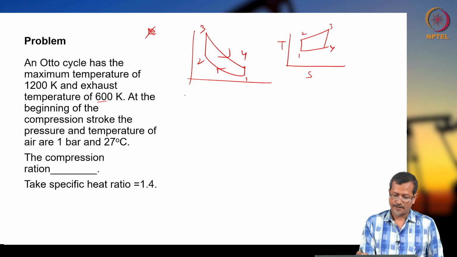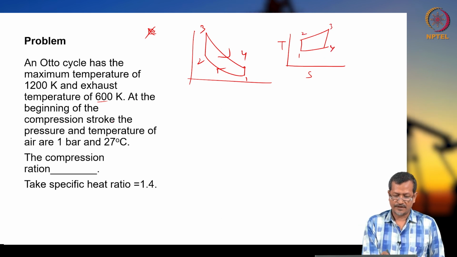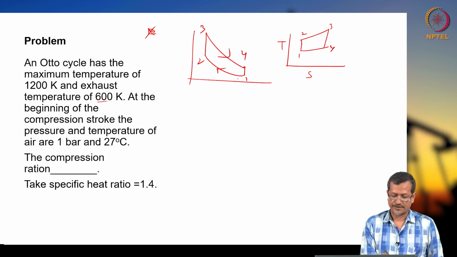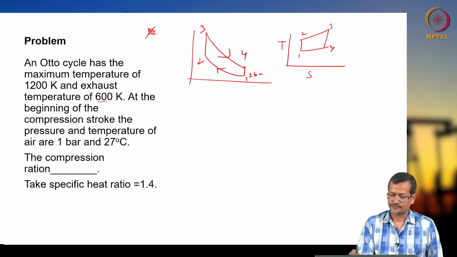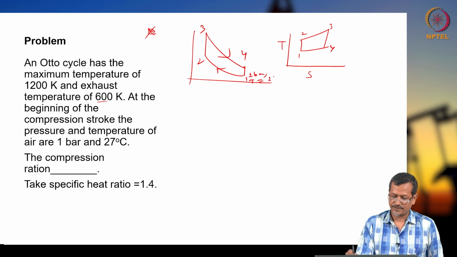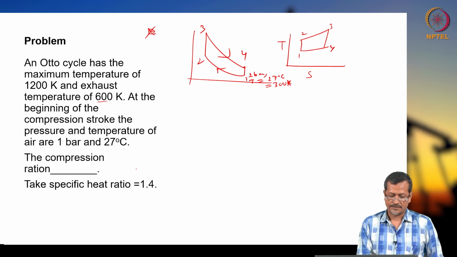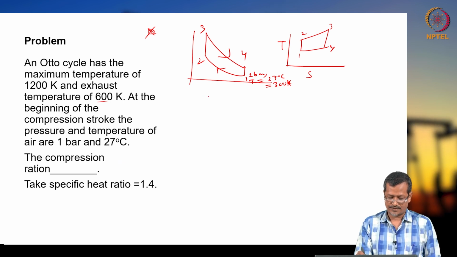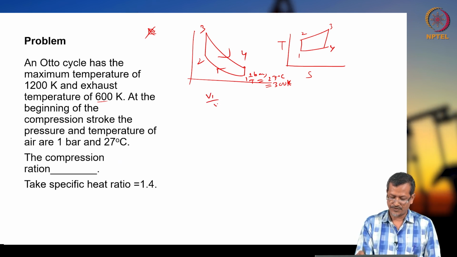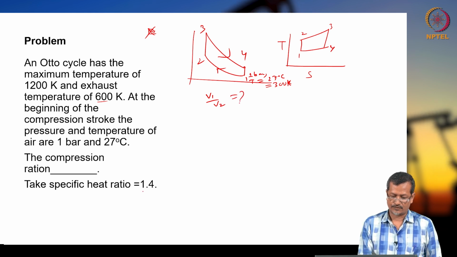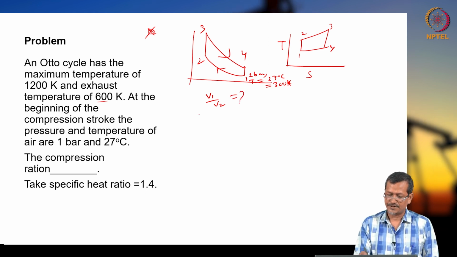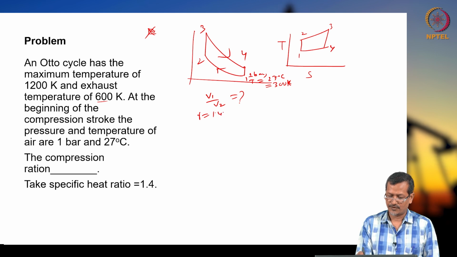Now, at the beginning of the compression stroke, the pressure is given as 1 bar and the temperature is given as 27 degrees centigrade, which means 300 K. So, all units must be checked. The compression ratio V1 by V2 you have to calculate, and the specific heat ratio is given as 1.4.